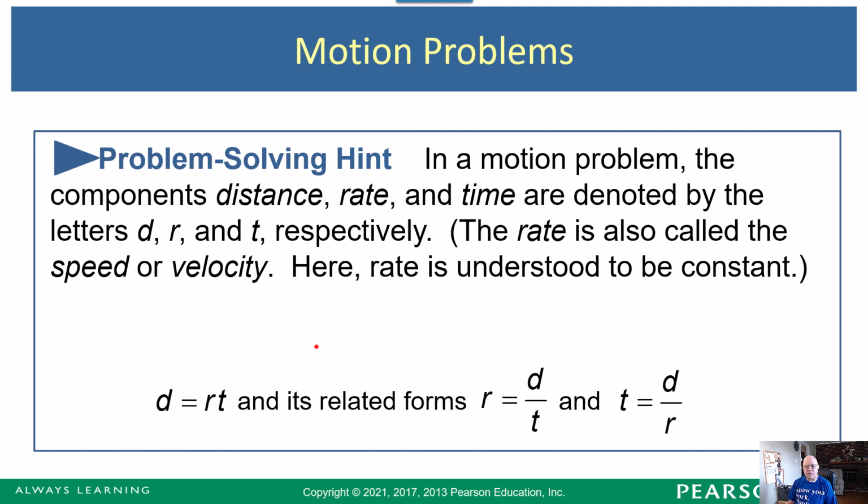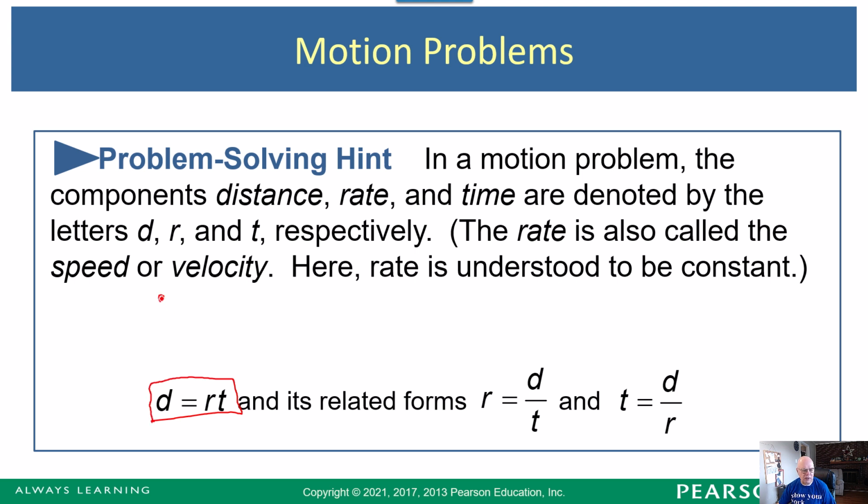Another hint, if you've got a motion problem, like Joe is traveling to St. Louis, maybe he's going from Pittsburgh to St. Louis, and usually in rate problems you've got distance, rate, and time. Here's another formula you want to keep in your back pocket. Distance equals rate times time.